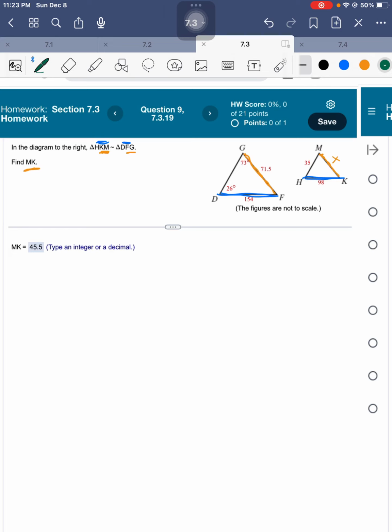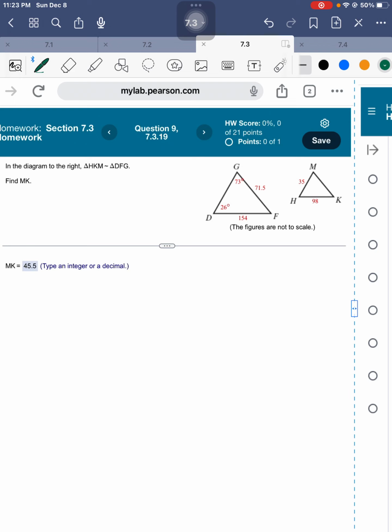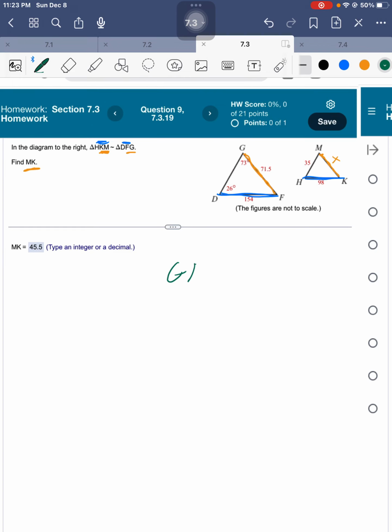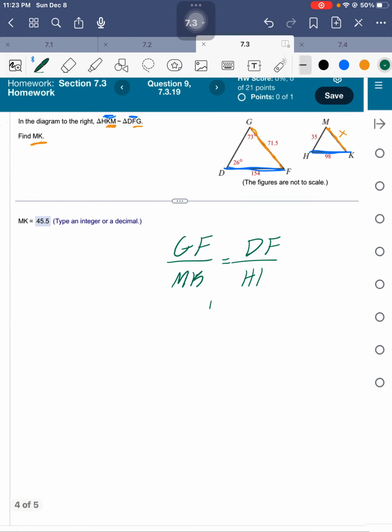So now I can write GF to MK is equal to DF to HK.